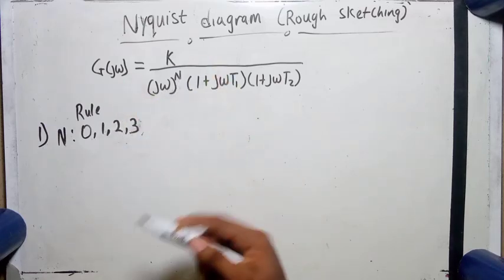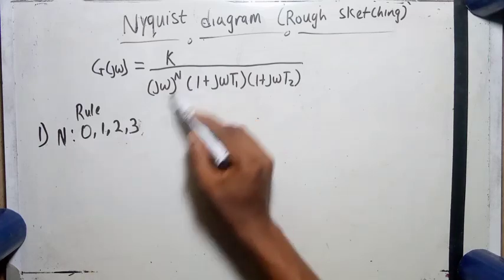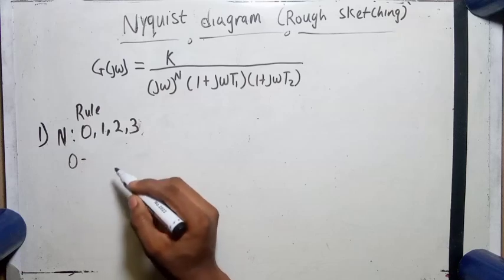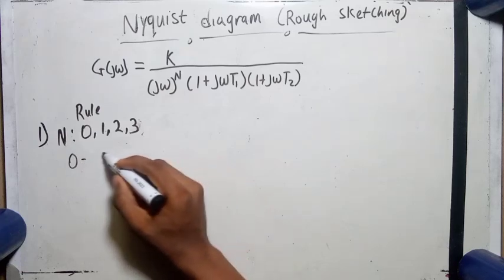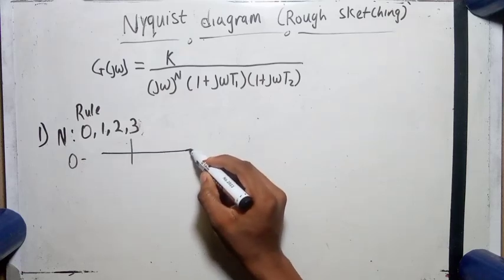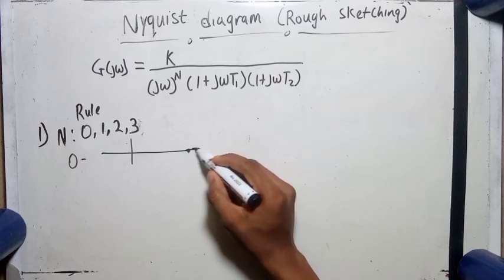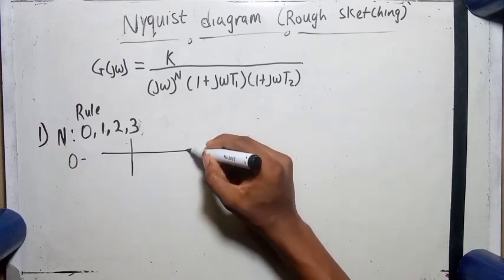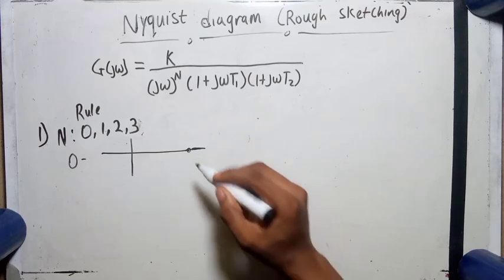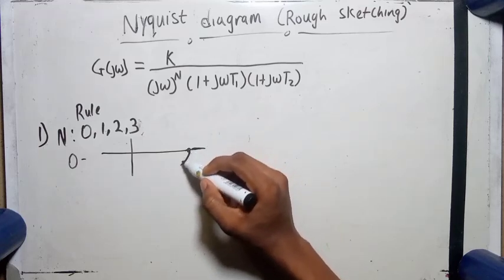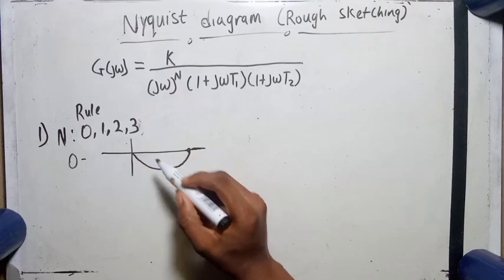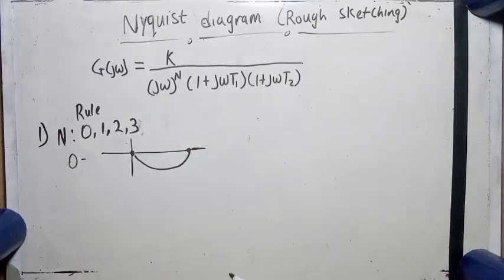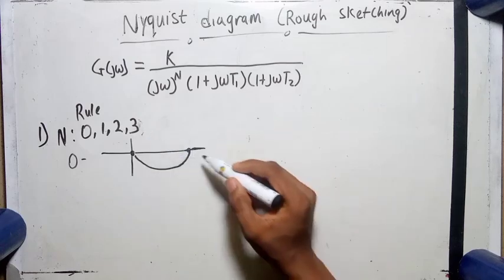0. Now, if your n in this case is 0, you are to start from the positive side of your real axis, and you'll be ending at what? All of them will definitely end at the origin point as omega tends to infinity.